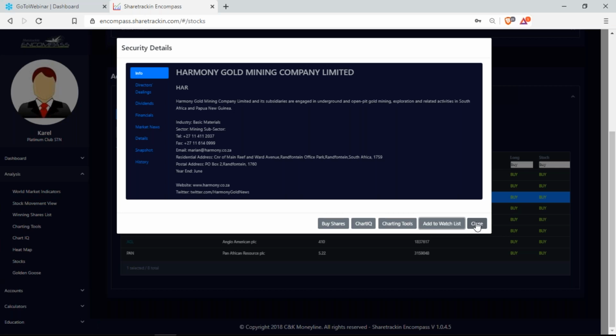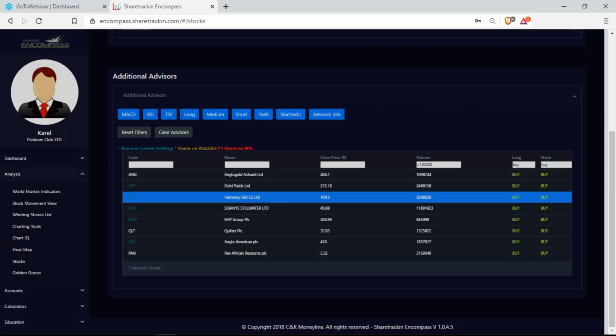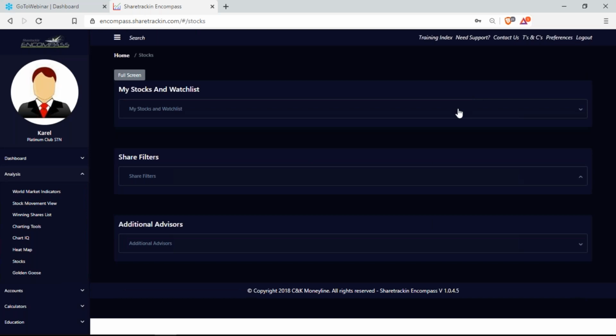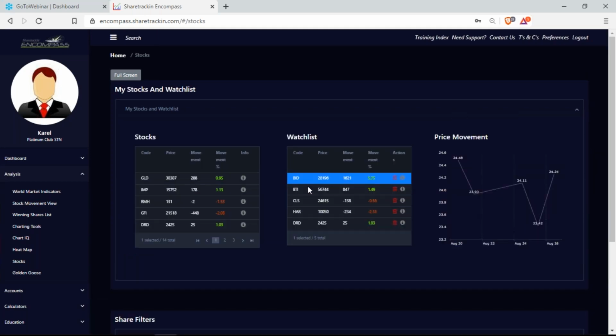Now I click on the close button. I can close my additional advisors, and I can go to my stocks and watch list. And here I will see there's Harmony that I added just now.